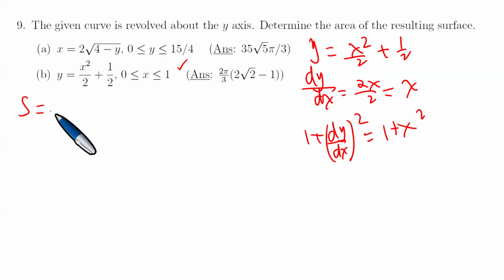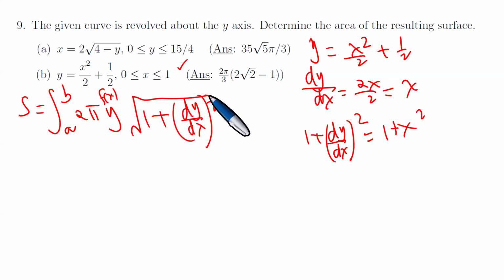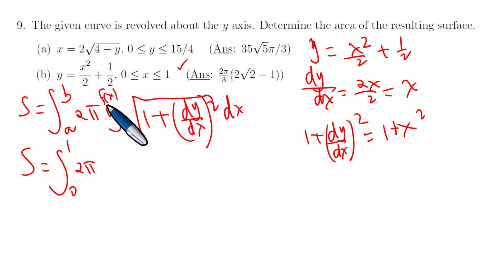So the area of the surface is the integral from a to b. That's the one you're going to use: 2 pi y, or 2 pi f of x, times the square root of 1 plus (dy/dx) squared, or f prime of x squared, dx. Now you integrate, the x is from 0 to 1. 2 pi y, or f of x.